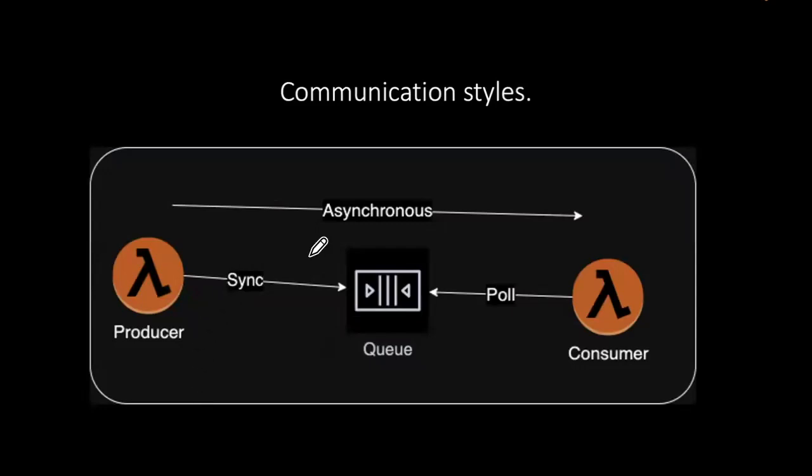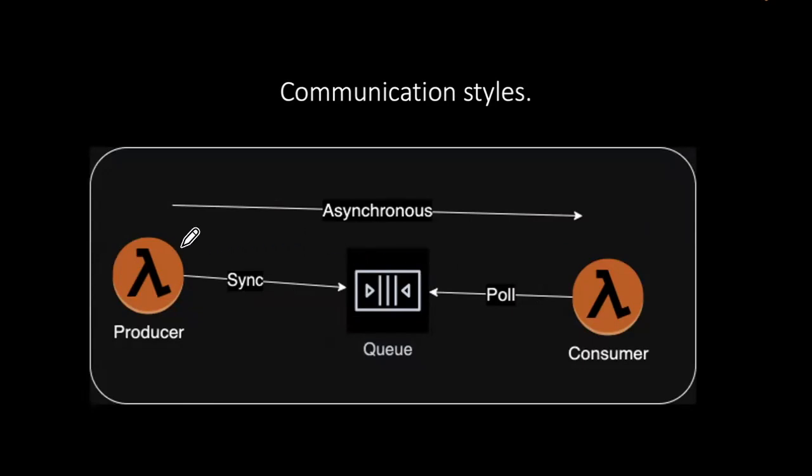Here is a visual representation of what we've been saying so far. You've got this producer. It's communicating synchronously with SQS, so it does wait until SQS acknowledges the receipt of the message or batch of messages that the producer wants to write to the queue. On the consumer side, it's polling the SQS service, asking it for a batch of relevant messages.